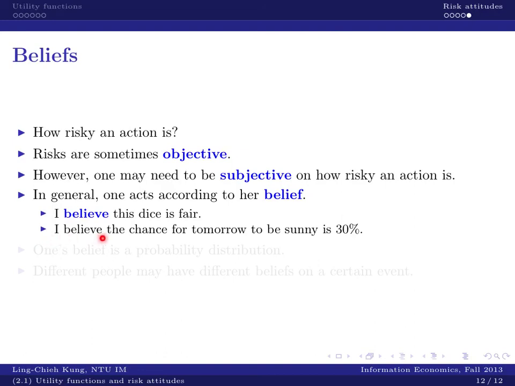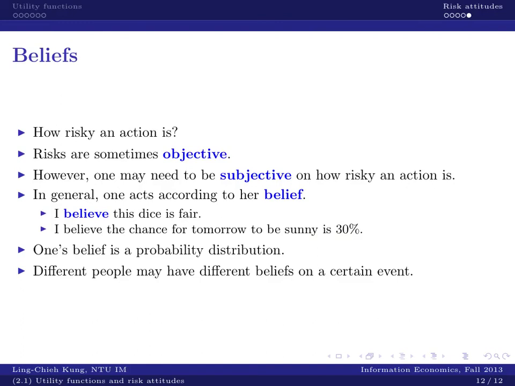Then different people with different beliefs may act differently. Okay, so for every possible event, we need to form a belief and we act according to our beliefs. Different people have different beliefs, so they act differently.